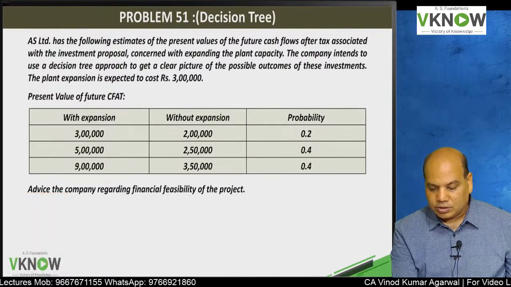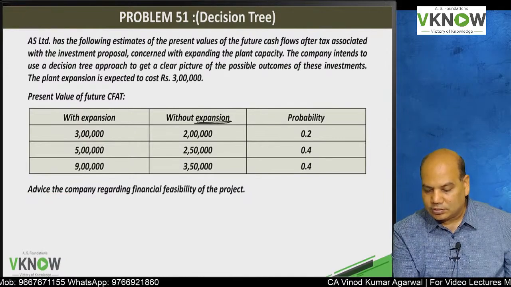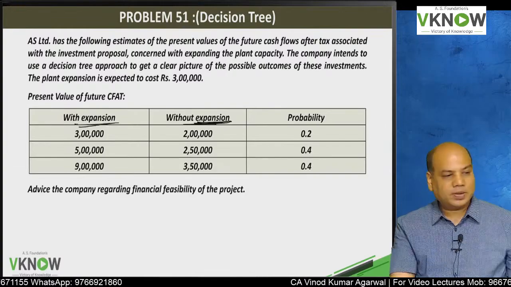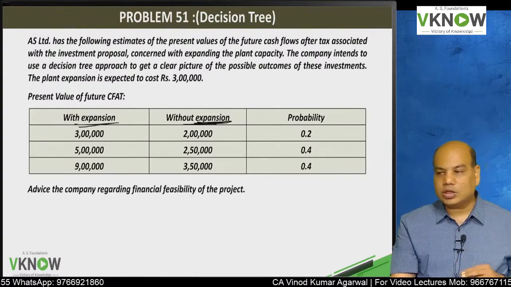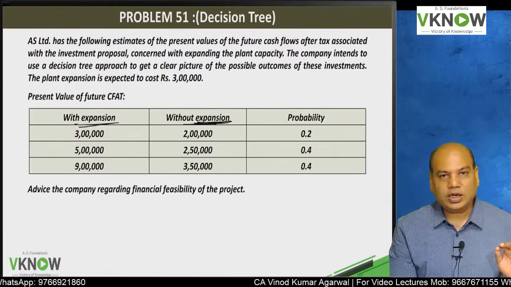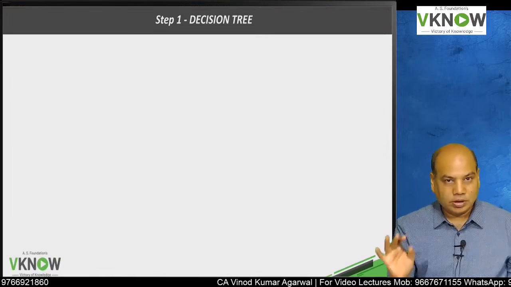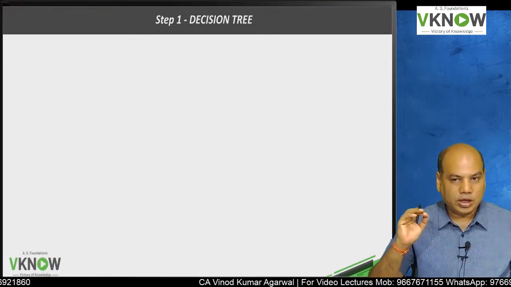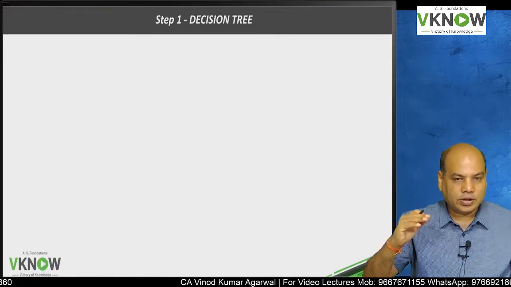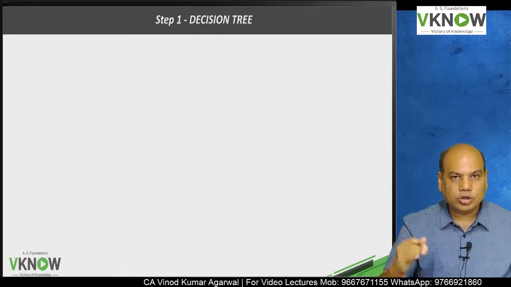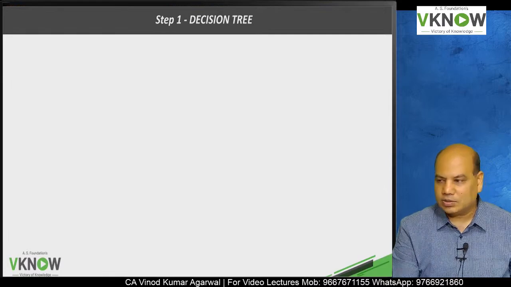That means the question is whether the company should expand the plant capacity or not expand the plant capacity. So what are the two alternatives we have right now? The two alternatives that we have right now is to make a choice between whether to expand the plant capacity or not to expand the plant capacity.